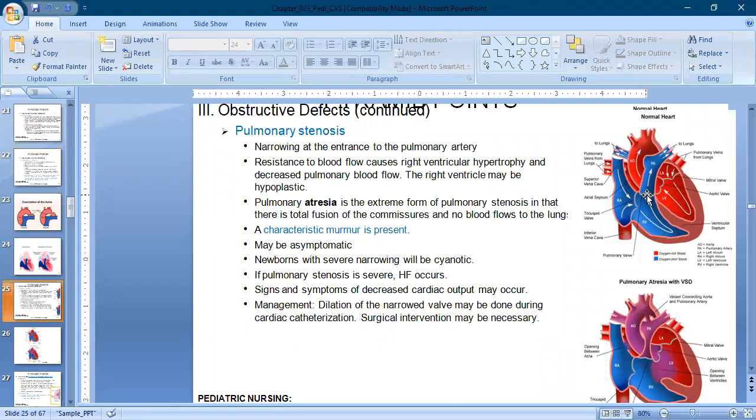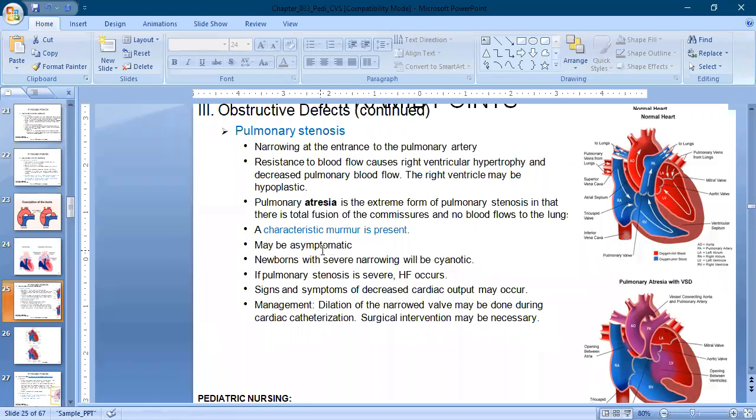Narrowing the entrance of the pulmonary artery resists the blood flow, and pulmonary atresia means abnormal structure. The key symptom: we should get a systolic ejection murmur, a characteristic murmur, present.